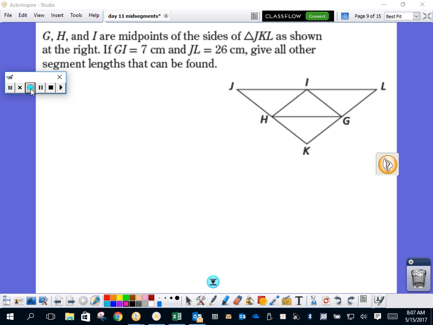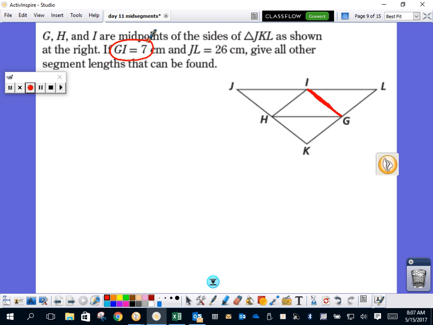Alright, G, H, and I are the midpoints of the sides of triangle JKL as shown to the right. GI is 7. So find GI. Is GI a midsegment or a big side? Midsegment. Okay?